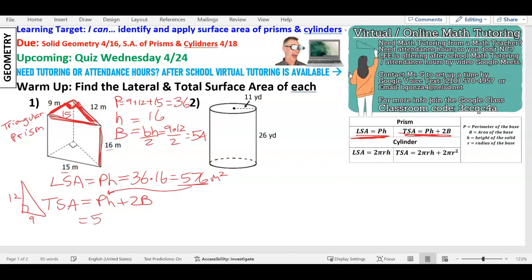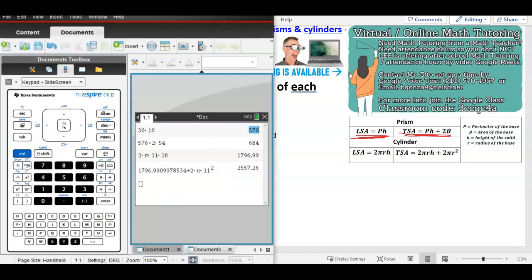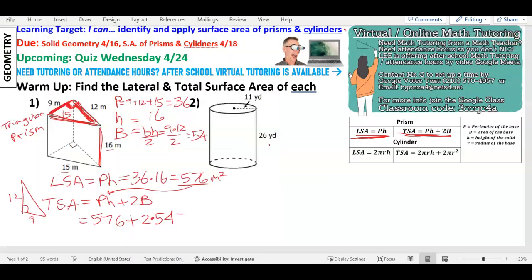So it's really just 576 plus 2 times B, which is 54. So can I do 576 plus 2 times 54? I did that earlier, and I got 684. And again, my units of measure are meters squared.